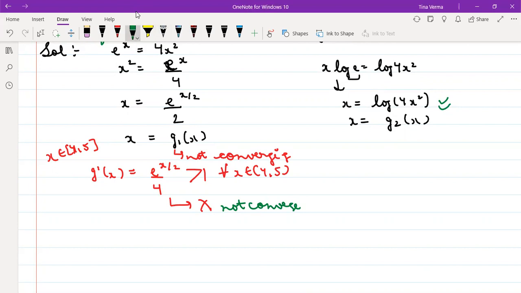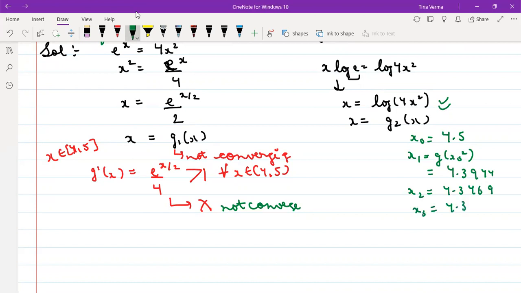You can start with any approximation x naught, 4.5 say, x1 if you calculate gx naught square, this comes out to be 4.3944. x2 will be 4.3469, and so on.